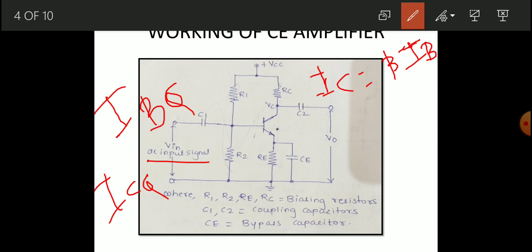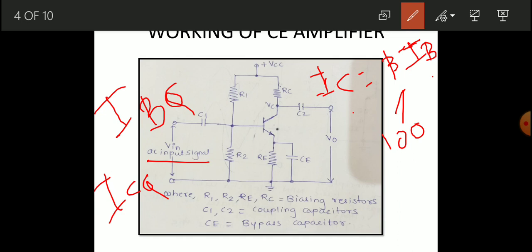Consider beta value equal to 100. So if beta is equal to 100 and IB is equal to 1, we will have IC equal to 100.